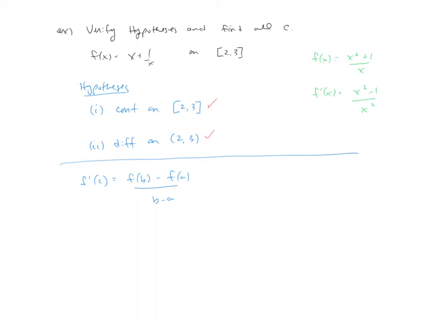Well, our f prime of c, that's going to be our derivative right here, evaluated at c. So we would have c squared minus 1 over c squared set equal to now this slope formula right here.